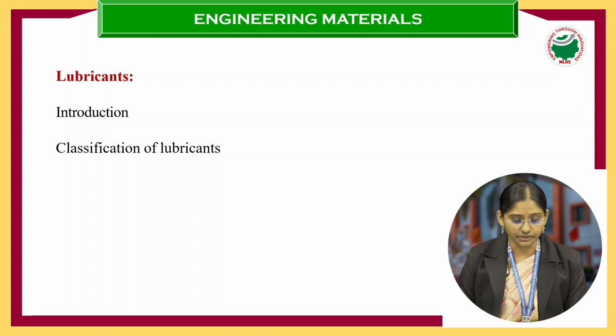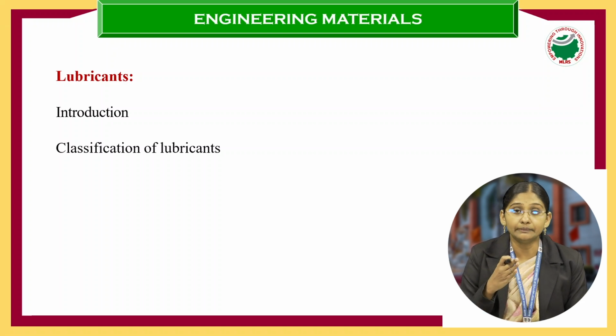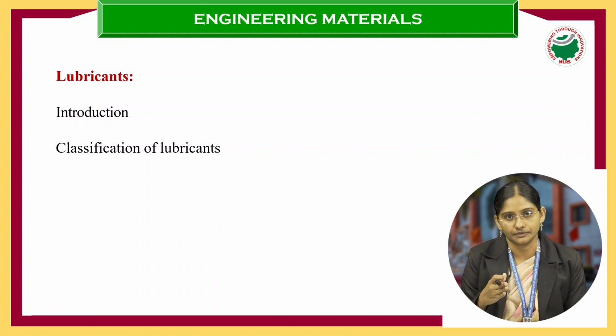What is meant by a lubricant? Suppose we take a machine. If only one part of the machine is moving, there will be no friction.